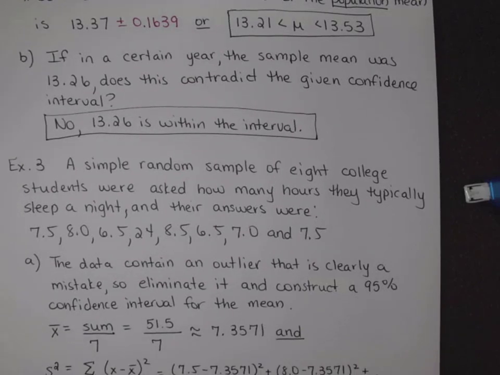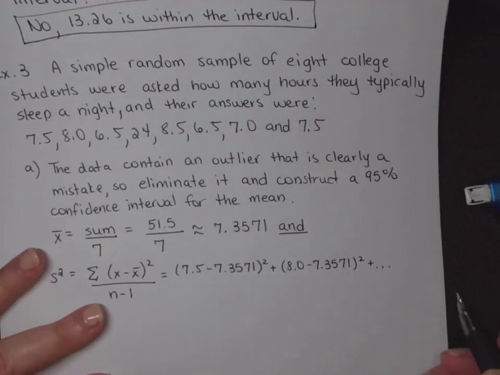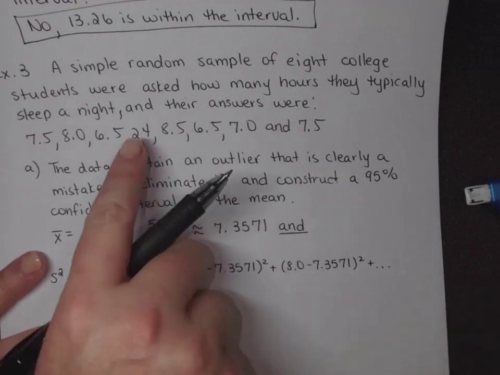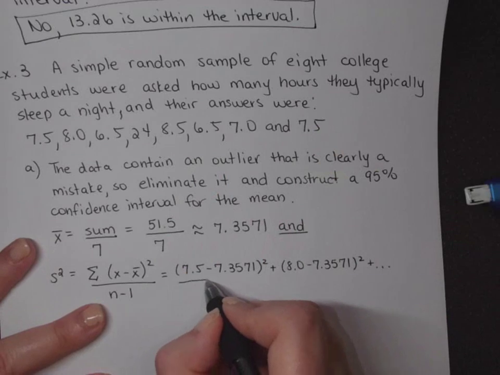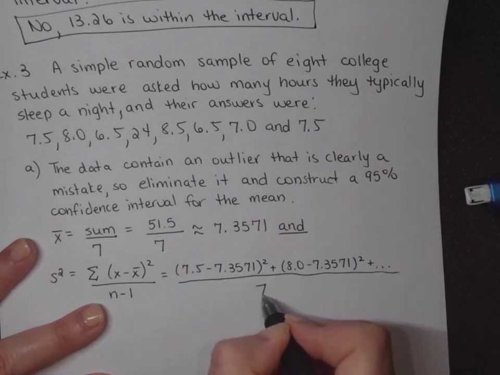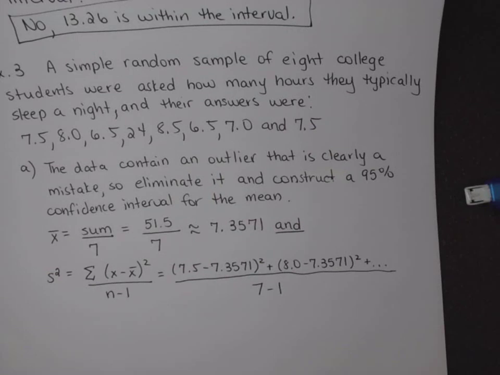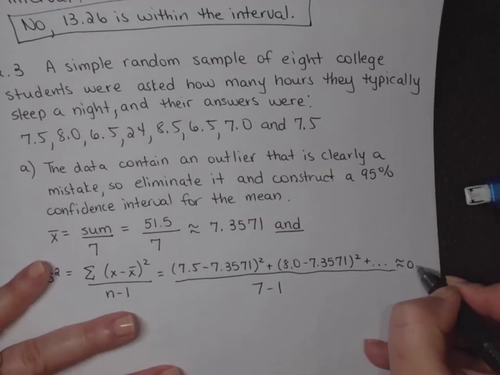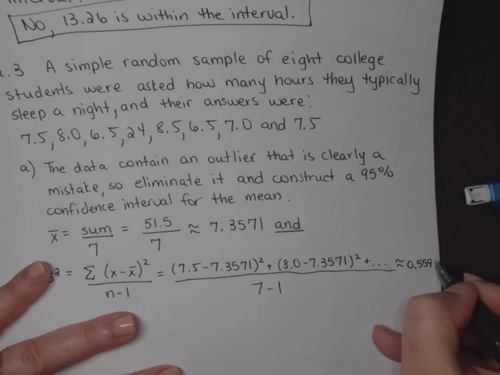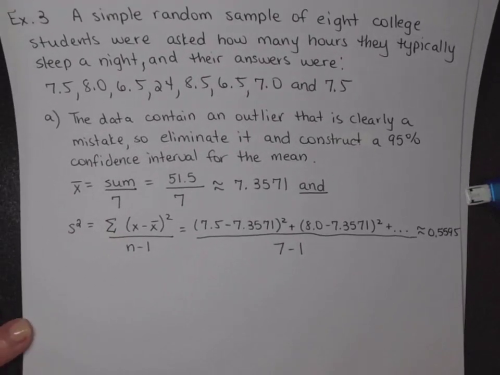You also could create a chart here if you really wanted to, but I think we can write it out efficiently. So go all the way to the end. In other words, skip the 24 guy, right? But go all the way to the 7.5. And then we're going to divide this by 7 minus 1 because there's 7 values minus 1. So you might need to pause the video for a little bit, but you do need to make sure you can come up with your own standard deviation still and that you haven't lost that skill.